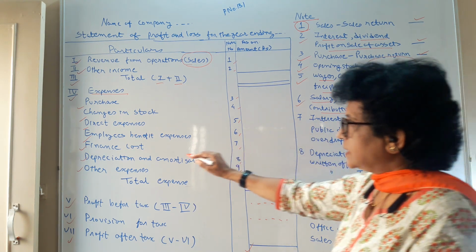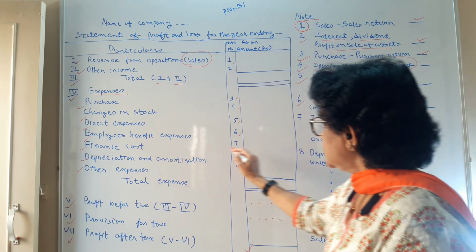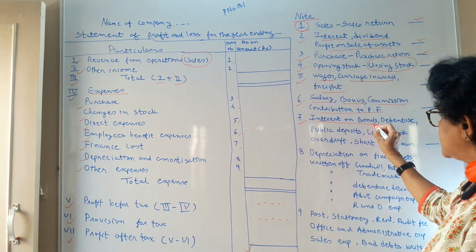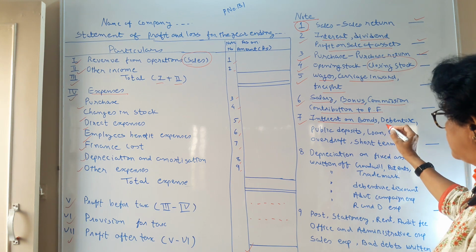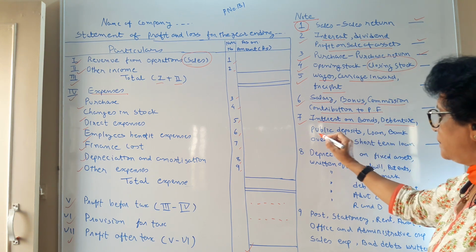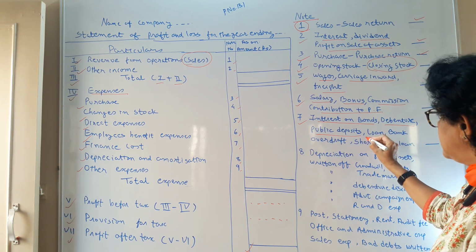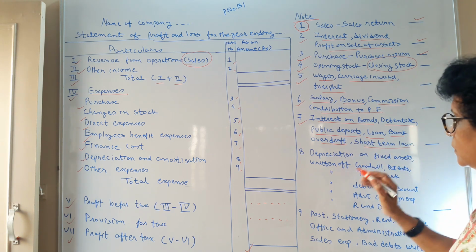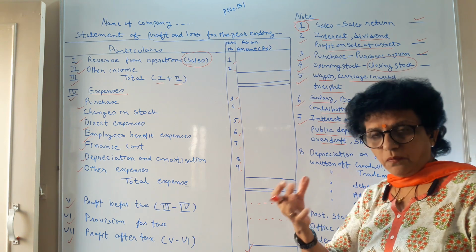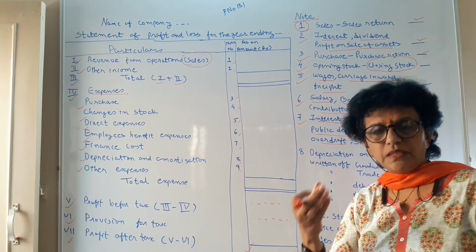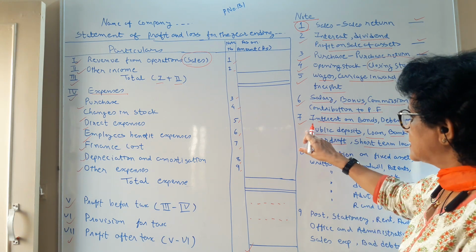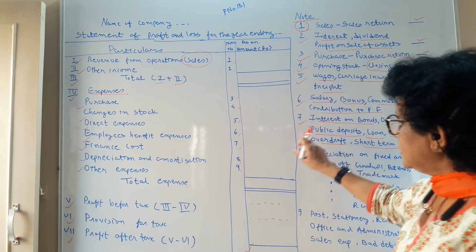In note number 7, that is the financial cost. Financial cost includes interest on bonds, debentures where you pay the interest, fixed deposit interest, loan, bank overdraft and short term loan. So whatever expense you have to pay to acquire finance is to be considered as a taxable expense for the company.